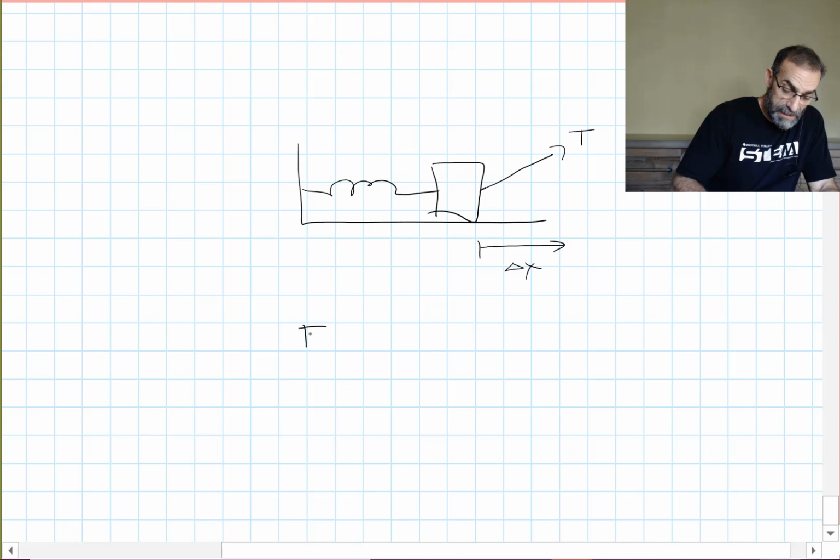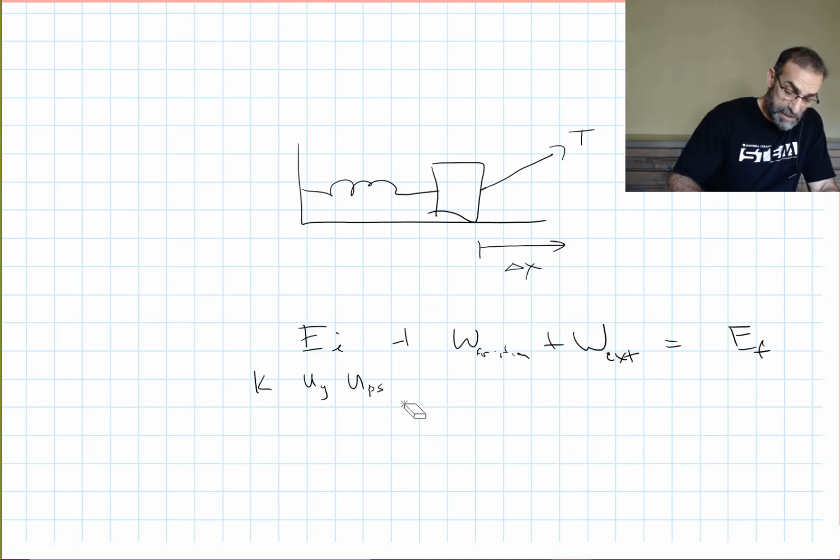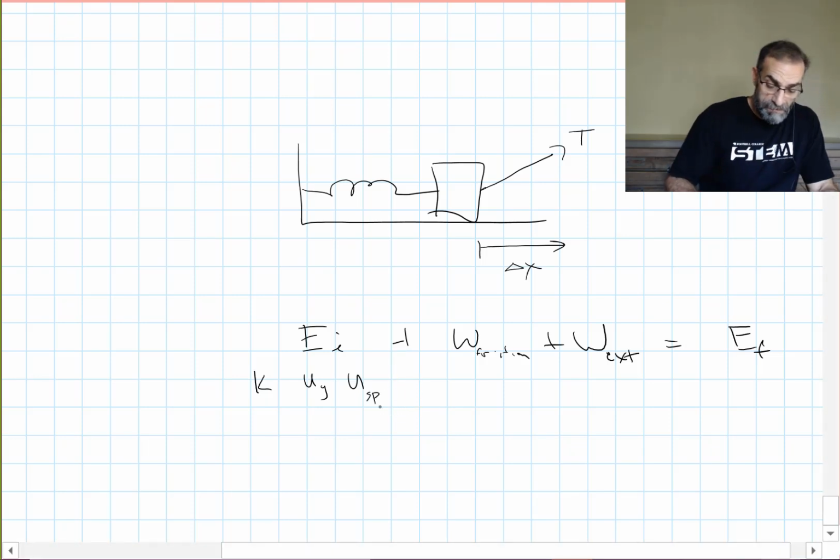You have E initial plus work friction plus work external equals E final, right? So what is E initial? Well, it's kinetic, it's gravitational potential energy, it's spring potential energy. Right, that's what that is. Same over here.